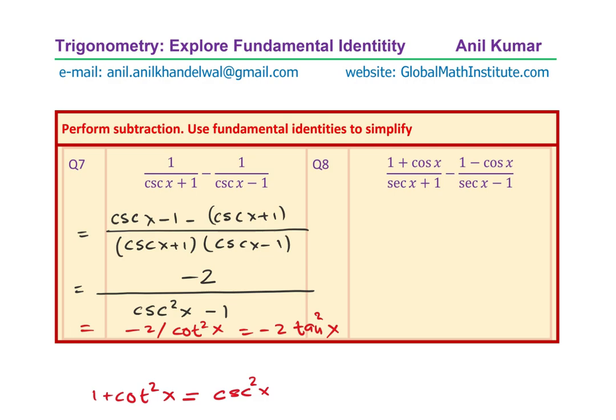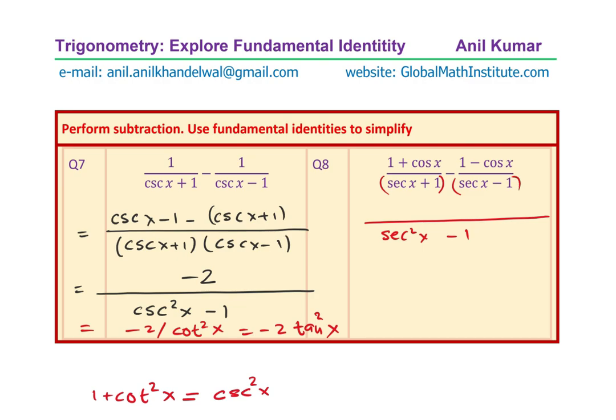So I could actually simplify this to minus 2 tan square x. Do you see that? So this is very important to understand how to work with these trigonometric fundamental identities and simplify the expressions. I'd like you to do the similar operation on question number 8. So we do have secant square x minus 1 when you multiply these in the denominator.